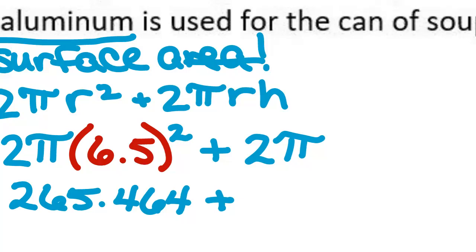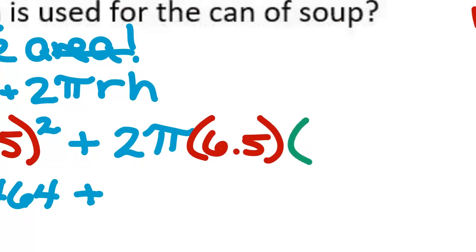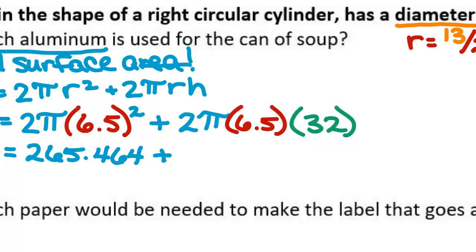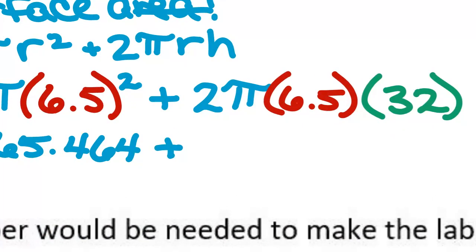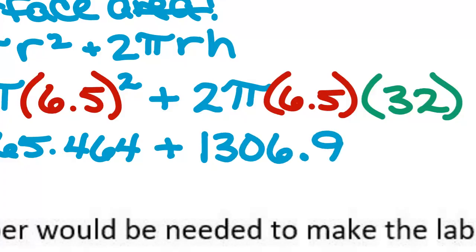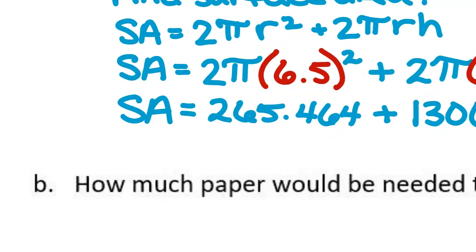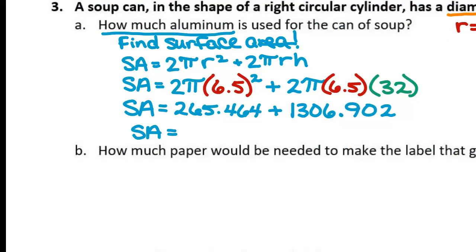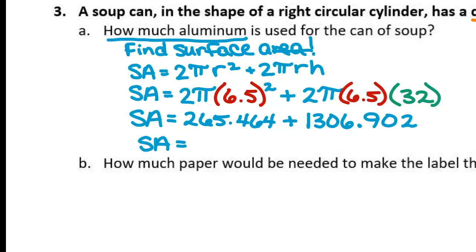And then we're going to add that to 2 pi times r times h. So 2 pi times 6.5 times what was h? 32. 2 pi times 6.5 times 32. 1306.902, thank you. So then we add these two together, 265.464 plus 1306.902.